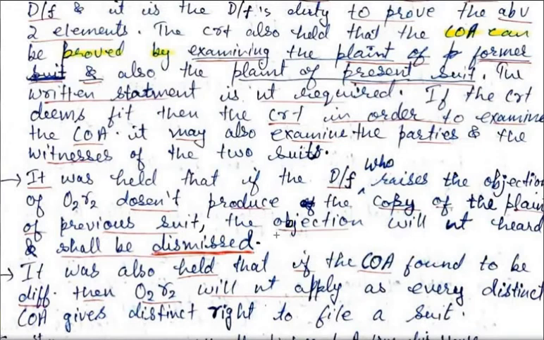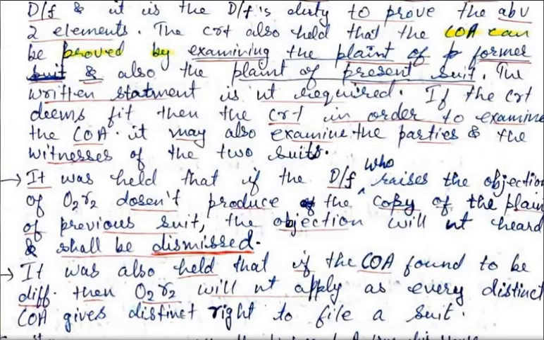Is that fine? Now एक और sentence लिखो next paragraph में. It was also held that if the cause of action is found to be different, then Order 2 Rule 2 will not apply, as every distinct cause of action gives a distinct right to file a suit.